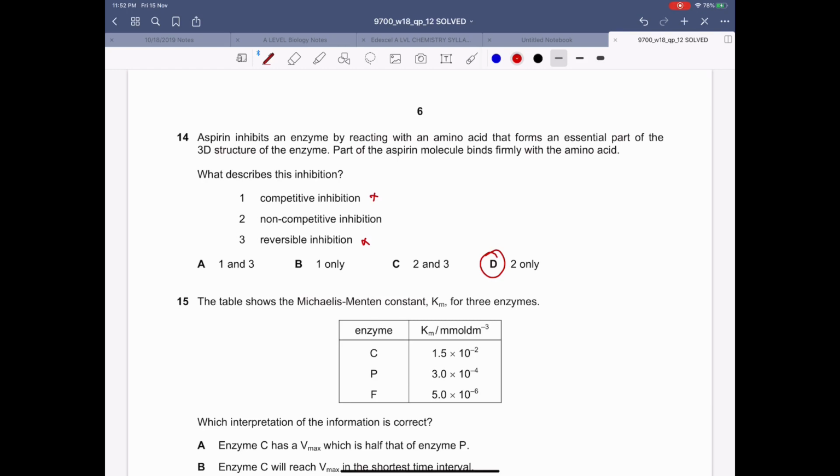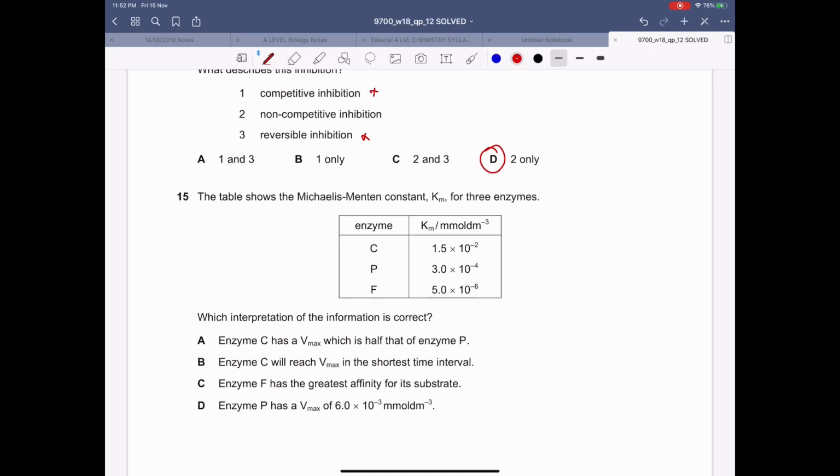So option D. The table shows the Michaelis-Menten constant Km for 3 enzymes, C, P and F. As we can see, even though the number with the minus is the greater, this is the smaller value. Which interpretation of the information is correct?